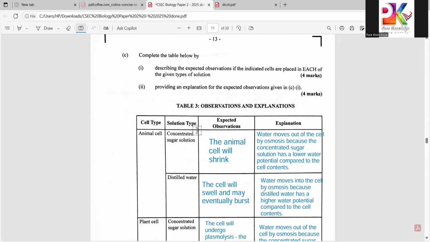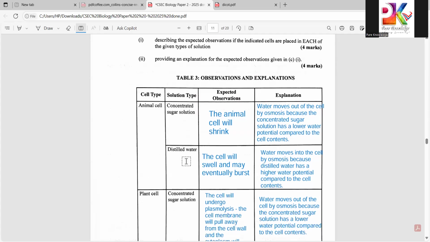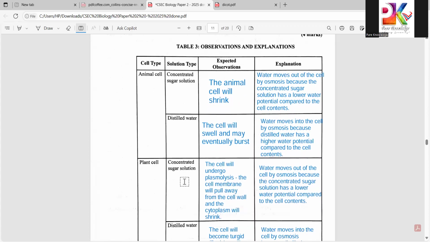Next, we say plant cell. All right, plant cell. What's going to happen if you place a plant cell in concentrated sugar solution? Well, the cell will undergo plasmolysis, if you remember that, right? And plasmolysis is when the cell membrane pulls away from the cell wall and the cytoplasm shrinks.